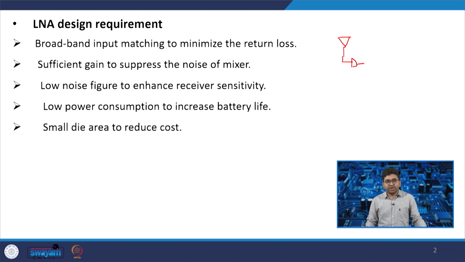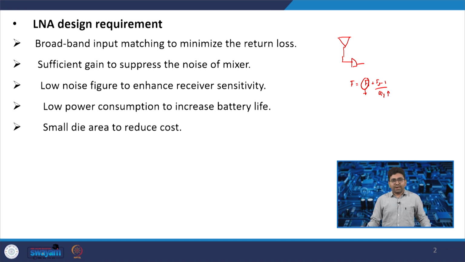It should have sufficient gain to suppress the noise of the mixer, because as we know from the Friis formula, F equals F1 plus (F2 minus 1) by gain. So, we should have a very low noise figure and higher gain in the first stage, so that it nullifies the effect of the noise of the succeeding stages.